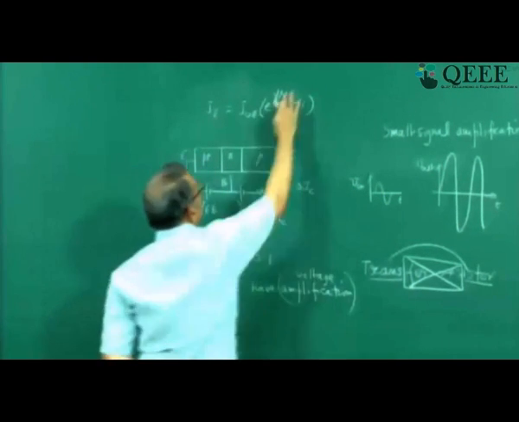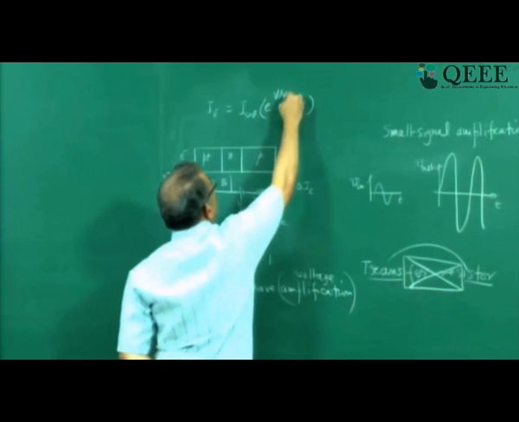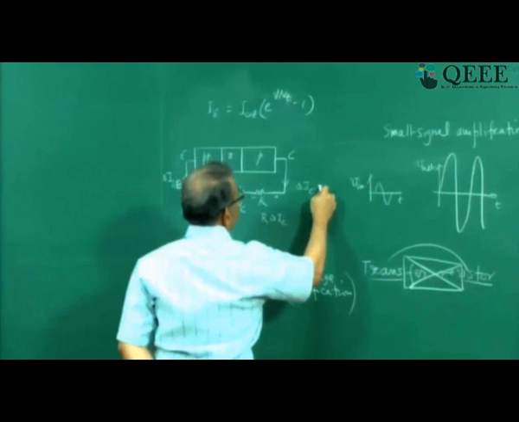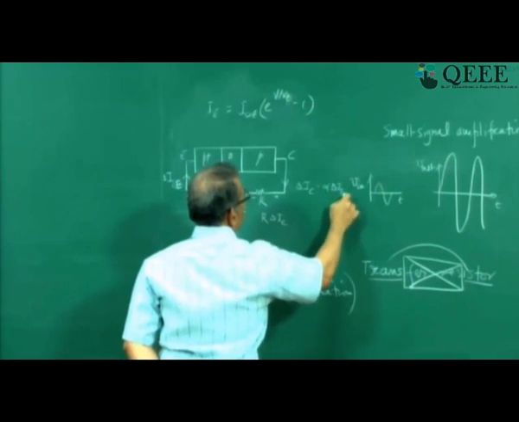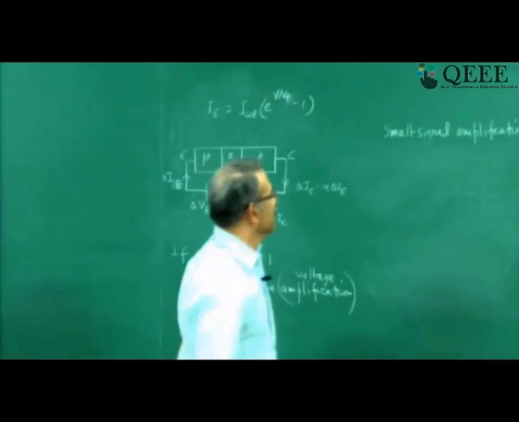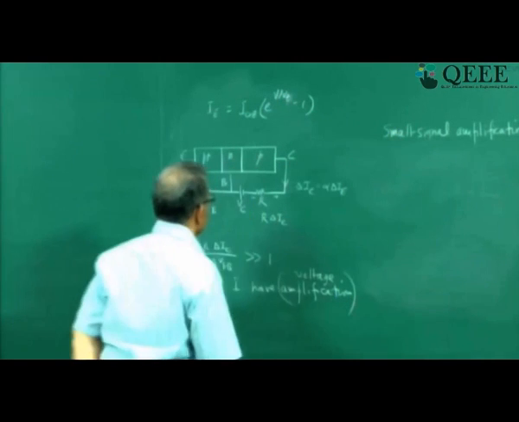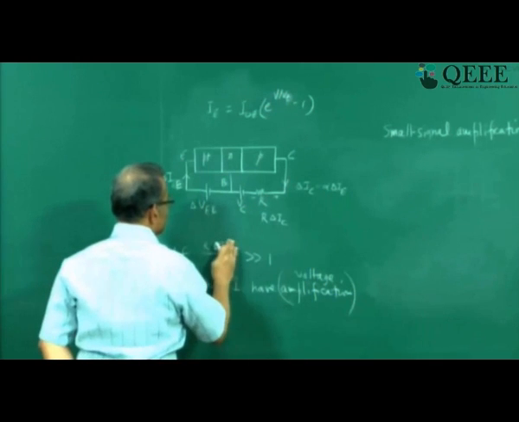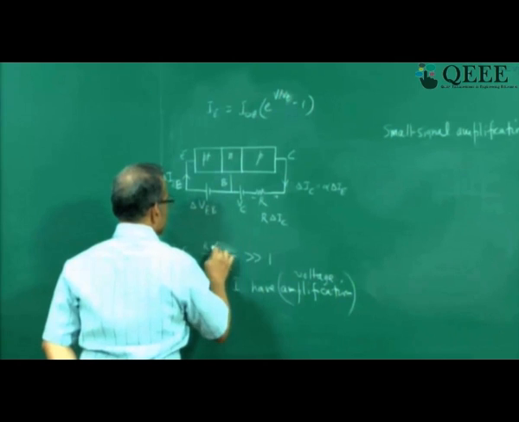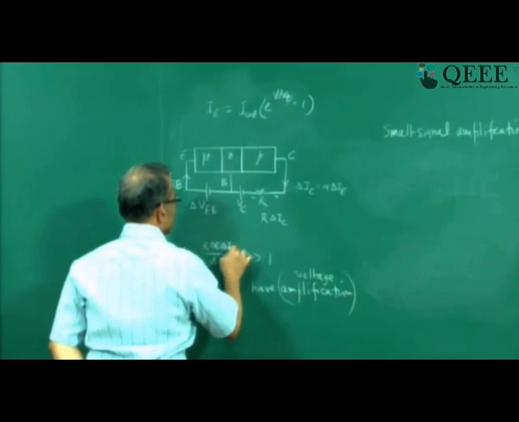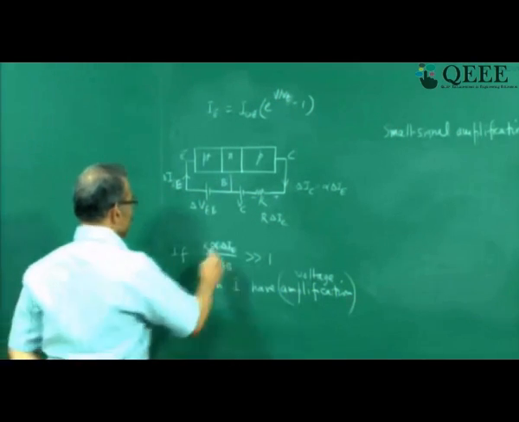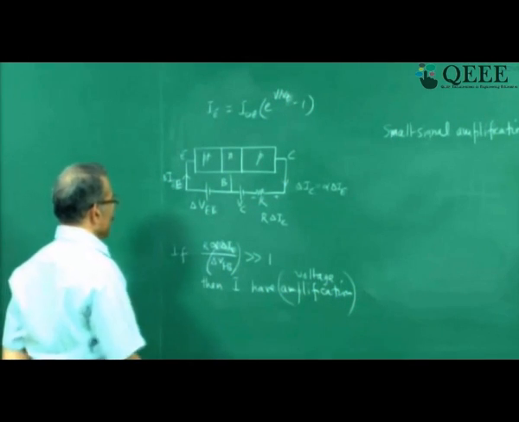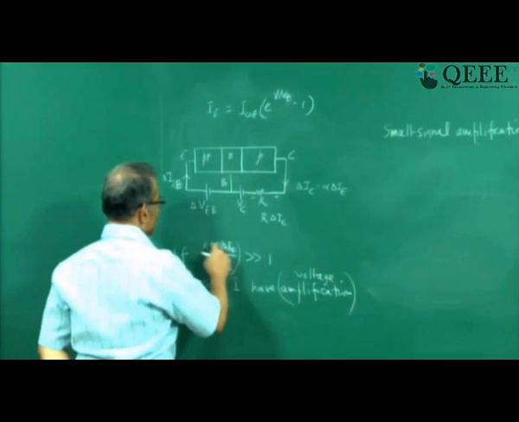All of you know this is the equation for the diode forward current. And this delta IC is nothing but alpha times delta IE. So we are trying to explain this small signal amplification. I will replace this by alpha times delta IE, so really I have to find out what is delta IE by delta VEB, and then compare with R.